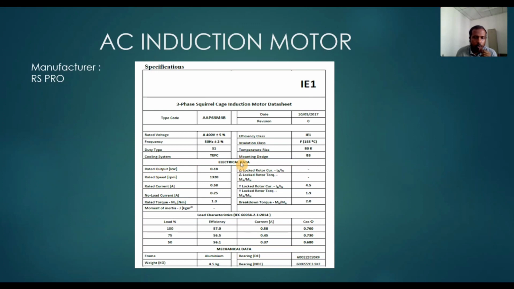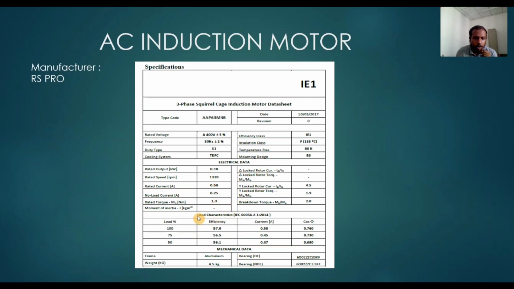For the electrical data, the rated output is 0.18 kilowatt. Rated speed is 1320 rpm. Rated current is 0.58 ampere. No load current is 0.25 ampere. Rated torque is 1.3 newton meter.